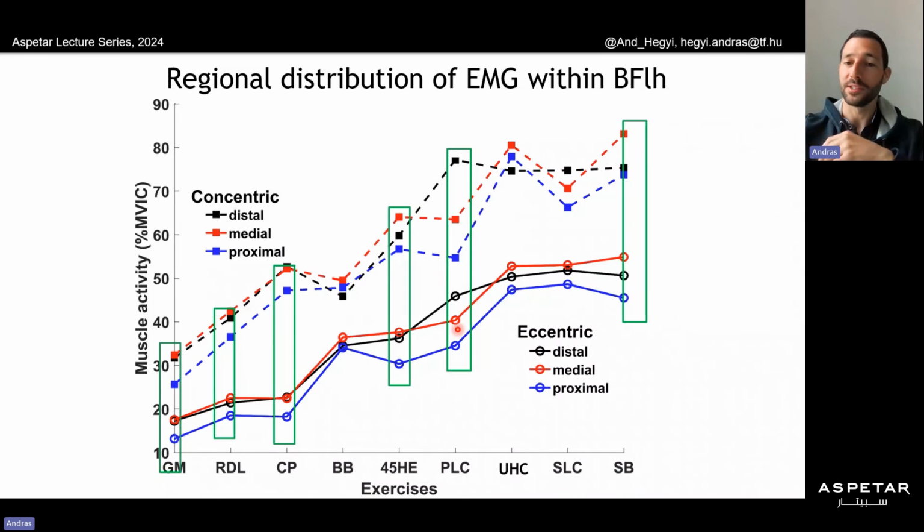Maybe it's a good thing because there are studies showing that if you have a relatively large muscle volume in the proximal region, compared to the volume of the aponeurosis of the muscle, then it increases the risk to sustain a hamstring injury. So we just observed that we have a lower activation in the proximal region, but we don't actually know if it's a good thing or a bad thing.